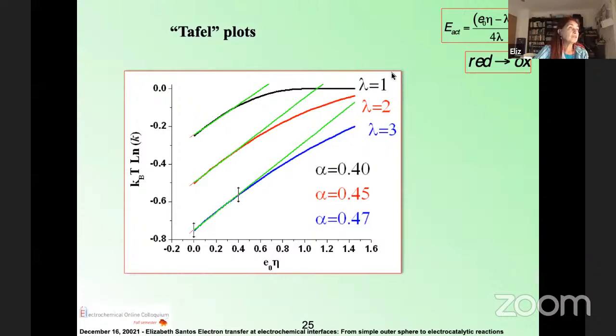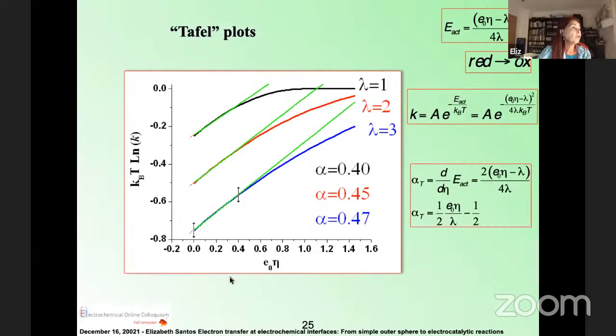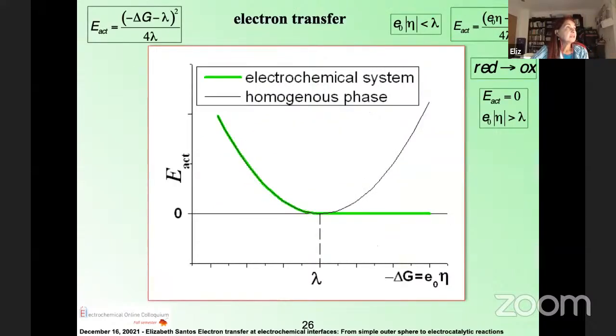Obviously, that depends on the value of the reorganization energy, but at a certain point the rate constant becomes constant, and there is a range where alpha is almost 1/2, but then the alpha coefficient decreases to 0. And that is electron transfer.